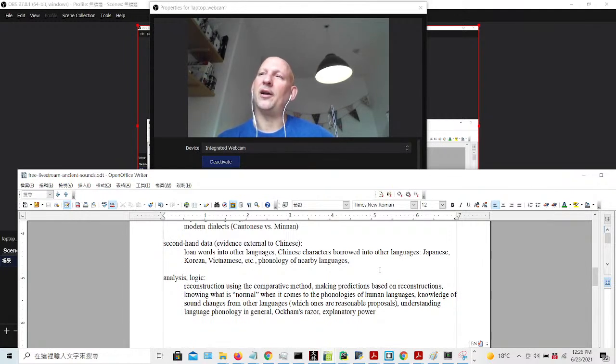And there's a book by Matisoff about Sino-Tibetan languages, and in this book he has a graph which shows the different syllable types, or basically the basis of each language. So a monosyllabic language can become a sesquisyllabic language, which can become a bi or disyllabic language, and it's like a cycle.